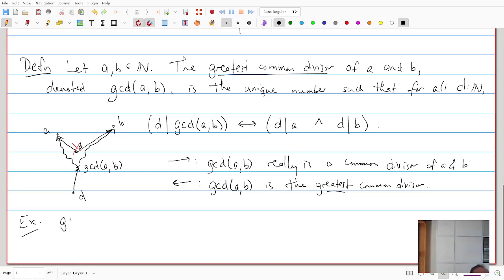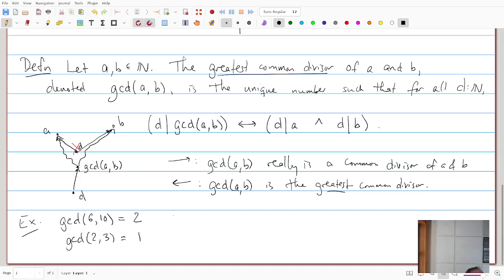Okay. What is the greatest common divisor of 6 and 10? 2. Yeah, so it's not 3. 3 doesn't divide 10. So 2. What is the greatest common divisor of 2 and 3? 1.